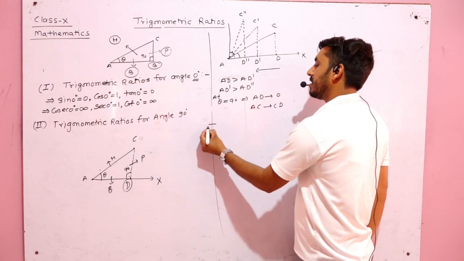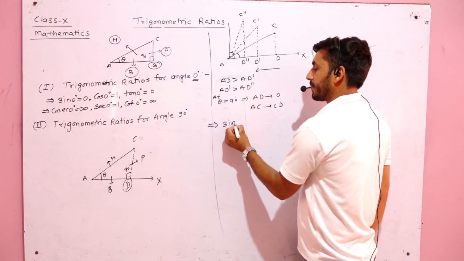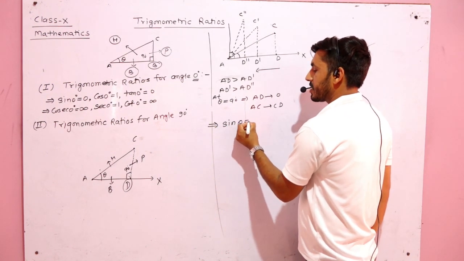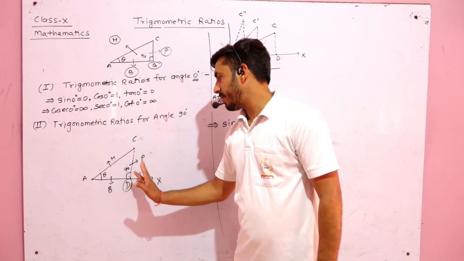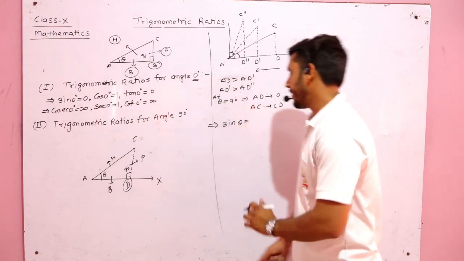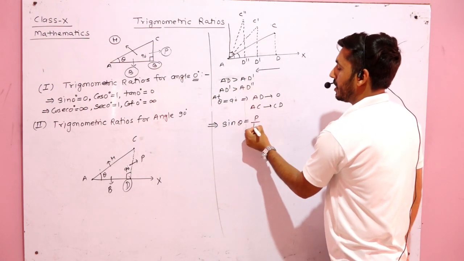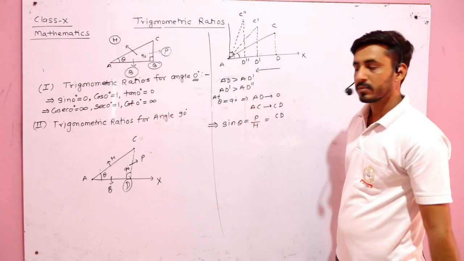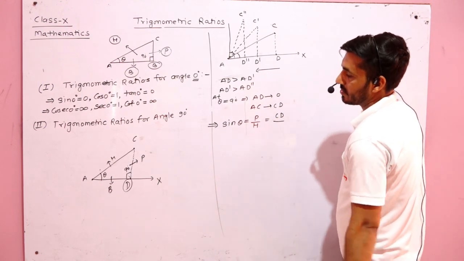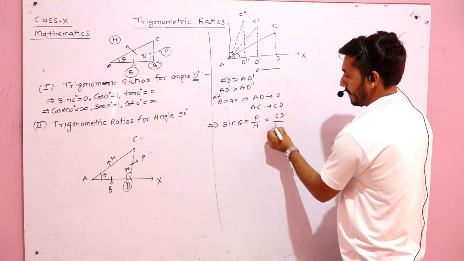The first result will be sine 90. Sine theta is given by perpendicular by h, it means P upon h. P is given by CD, and h is given by AC.